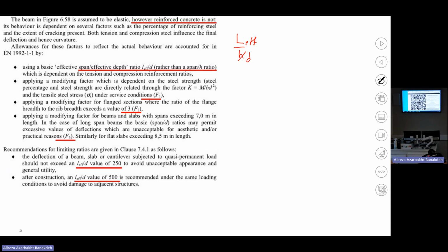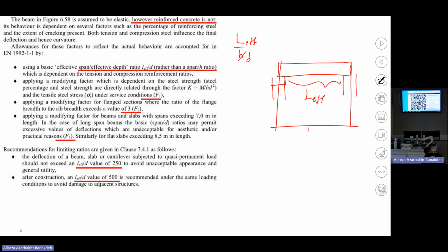When we want to design the beam, we only work with D, not H, because that 5 centimeters at the bottom doesn't work at all in anything. So maybe it's better to work with D instead of H and L effective instead of L, because in most cases you have a beam on a support, so this free length is called L effective, although the axis to axis is L.